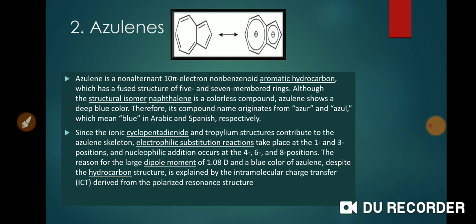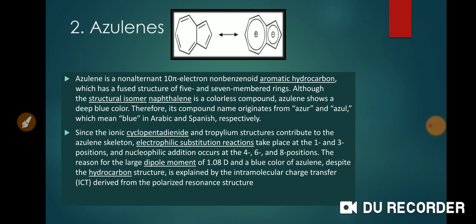Therefore, these come under non-benzenoid systems due to presence of cycloheptatriene and cyclopentadiene. There is no benzene ring involved in the structure. These are aromatic hydrocarbons which have a fused structure of 5 and 7 membered rings, although they are structural isomers of naphthalene, because they also have 10 carbon atoms and 10 pi bonds.